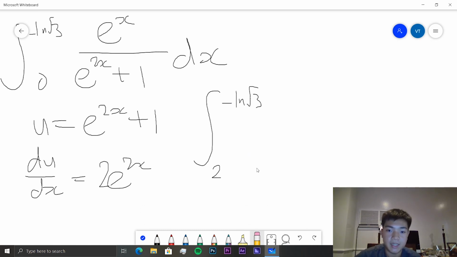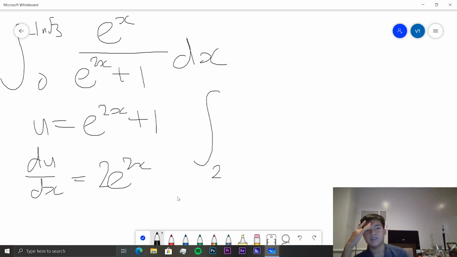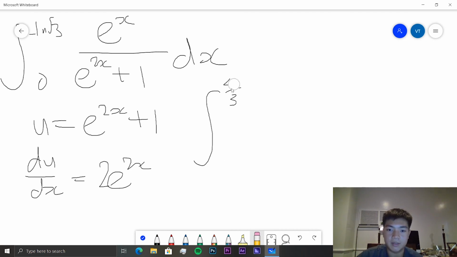And e to the 2 times negative ln root 3 is 2 times ln 1 over root 3, so that's 1/3, plus 1. So we have 4/3. So let's just change these bounds to 2 and 4/3.